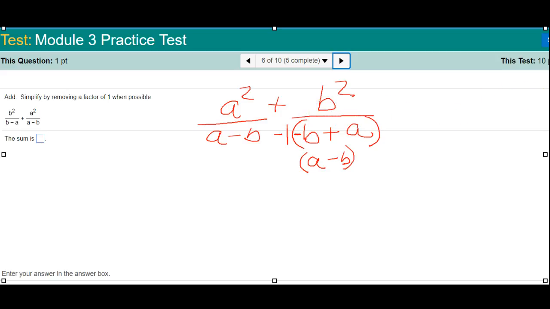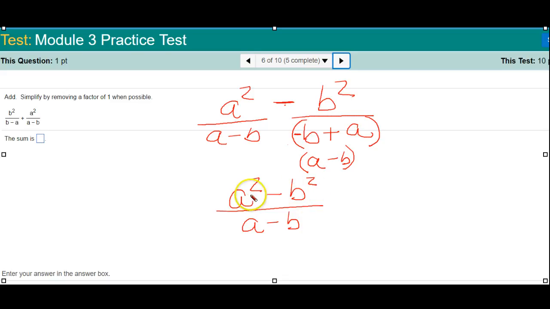So I'm going to erase this positive here now and put that negative that I took out of there right there. So now I have this, a squared minus b squared over, now my denominators are the same, a minus b.